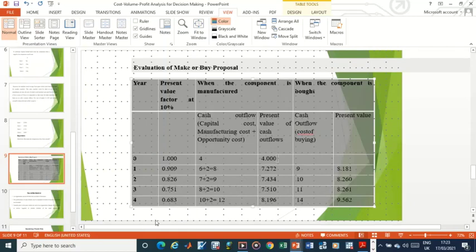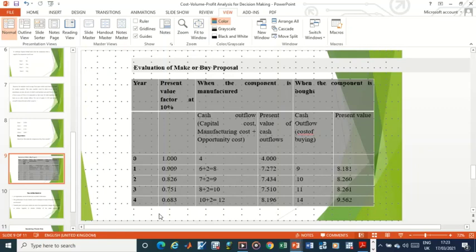We are going to compare the two costs. 34.412 minus 34.264 will give us the difference of 0.146. So this tells us that the cost of manufacturing the product is higher compared to the cost of buying it.